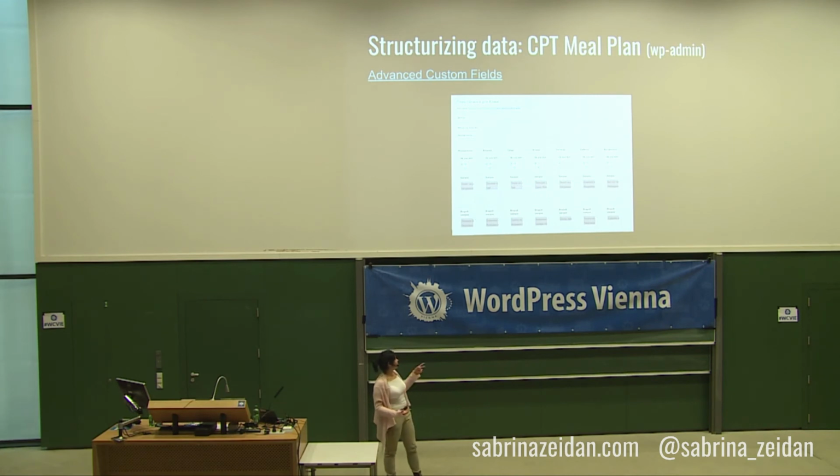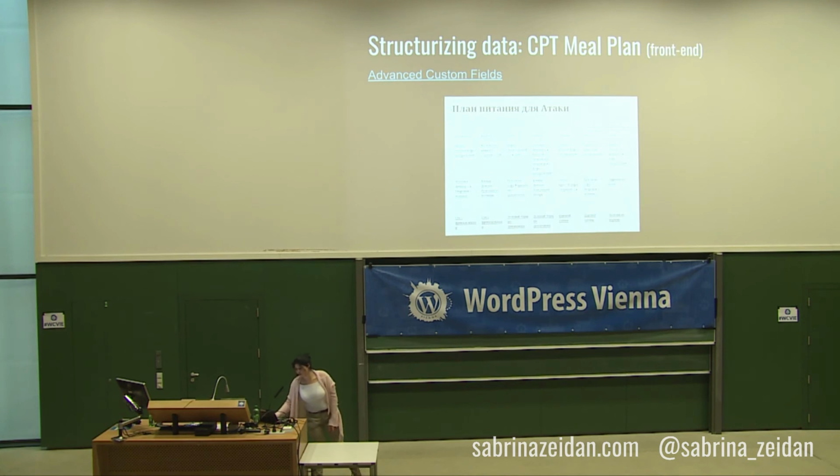So with Advanced Custom Fields, it was easy to do. And this is how it looks on the front end. Just a table. If you click on some recipe, you'll go to the recipe page and see how it's cooked. If you click the link on the top, you'll see the list of the products for the whole week.